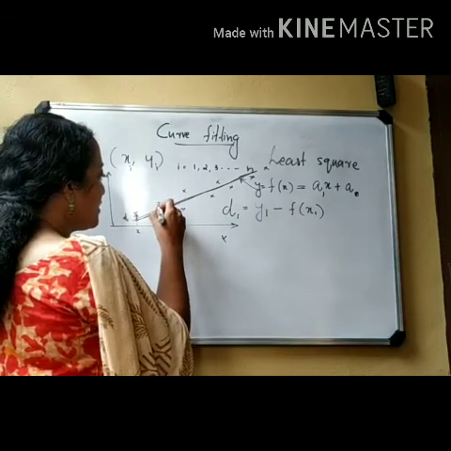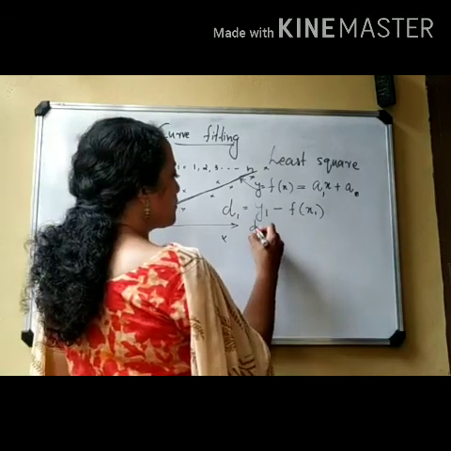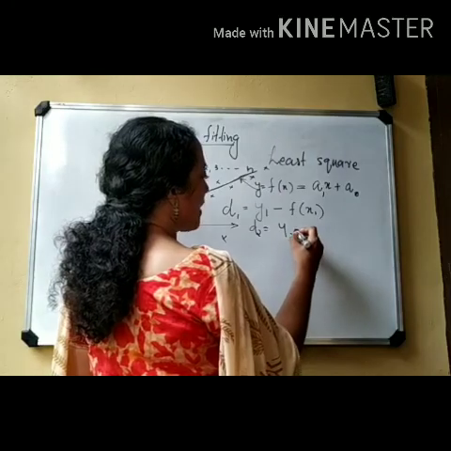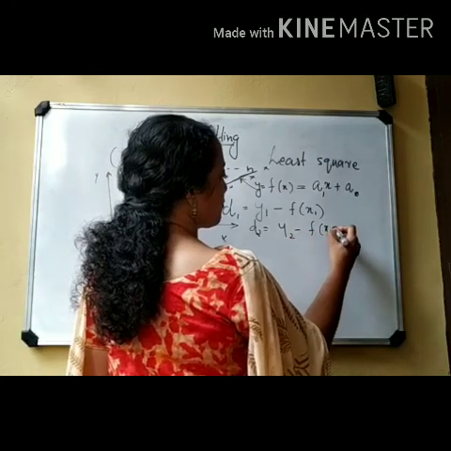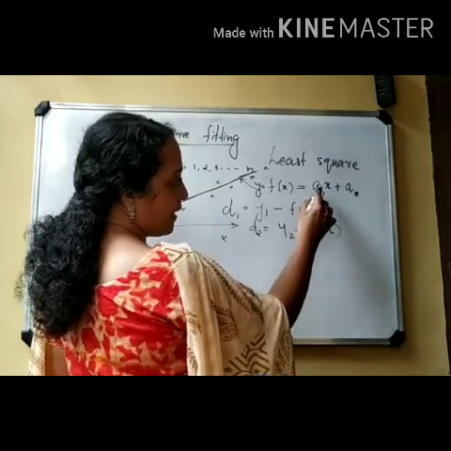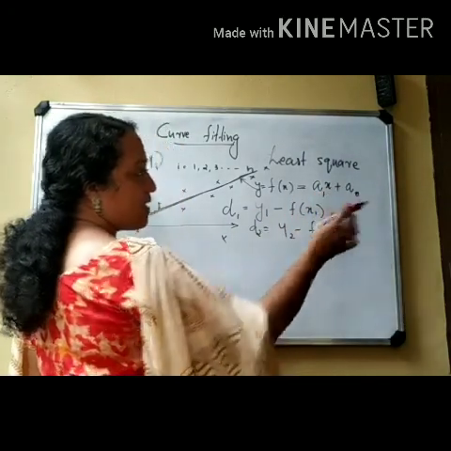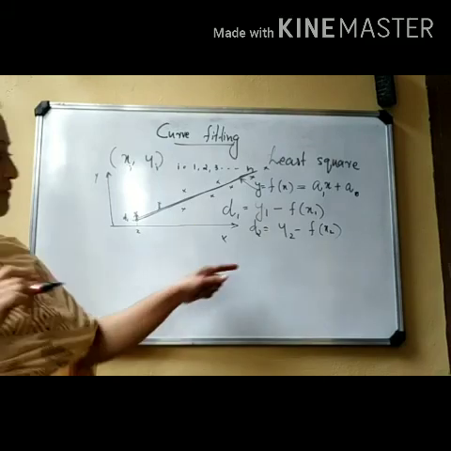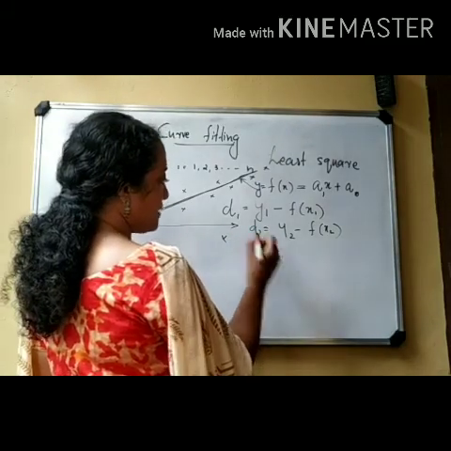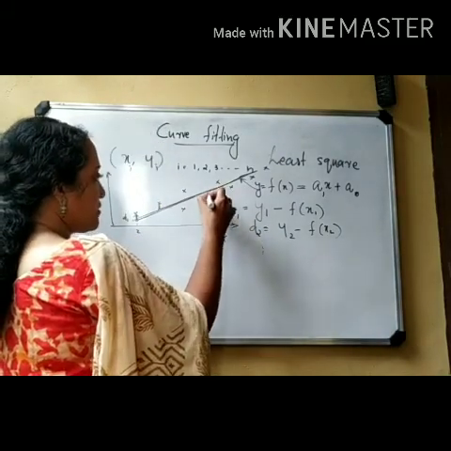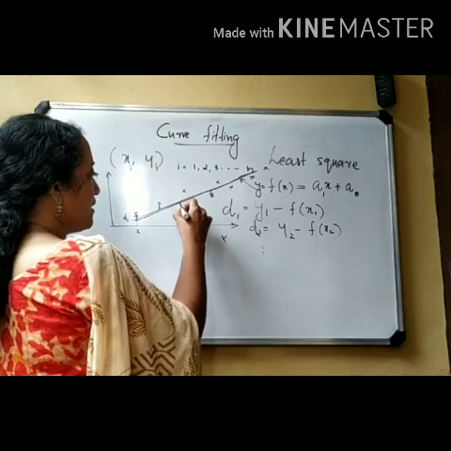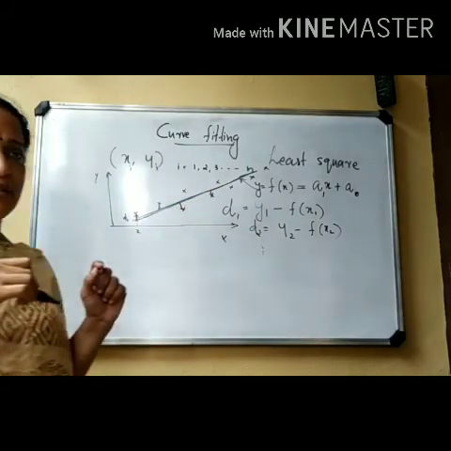Similarly, what will be d2? d2 will be equal to y2 minus f of x2. That is, f of x2 is a1 x2 plus a0, and f of x1 is a1 x1 plus a0. So we can write this deviation for all values. Here also this is the deviation. Here the deviation is negative, isn't it?